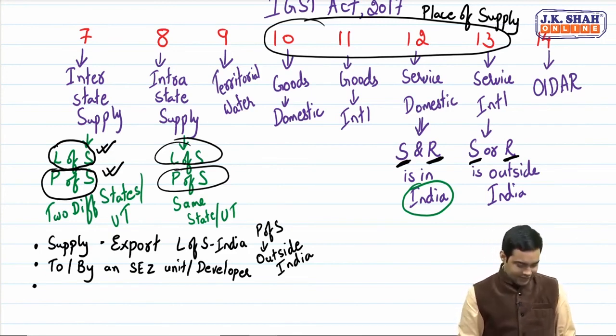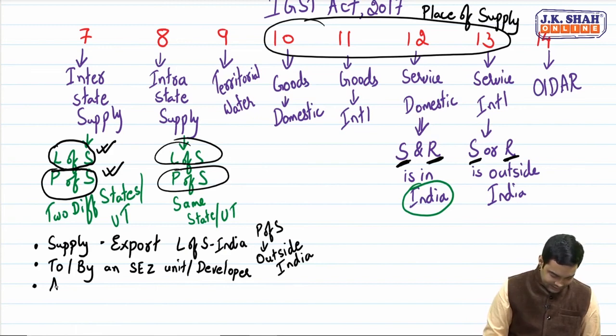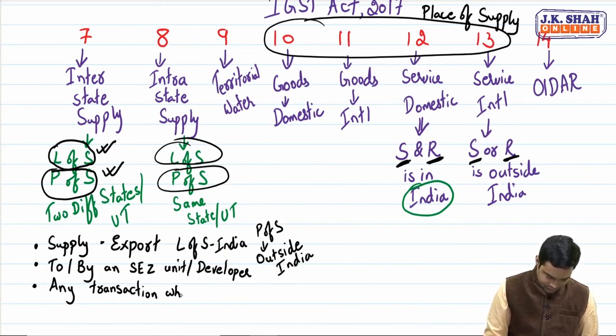And the third transaction is any transaction which is not an intrastate supply.